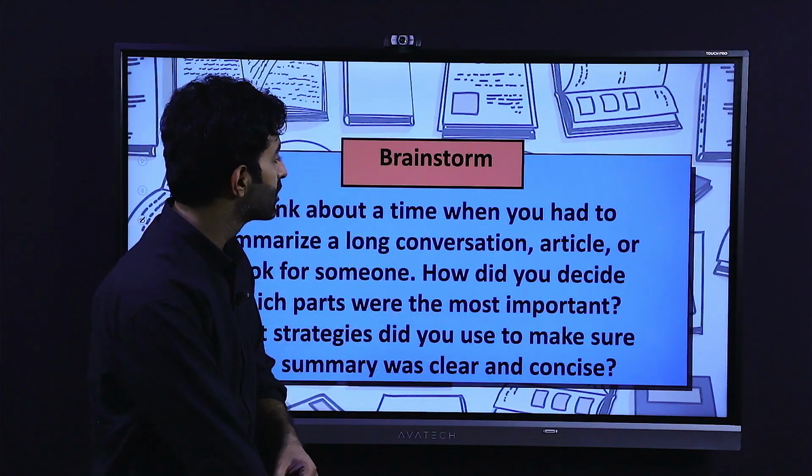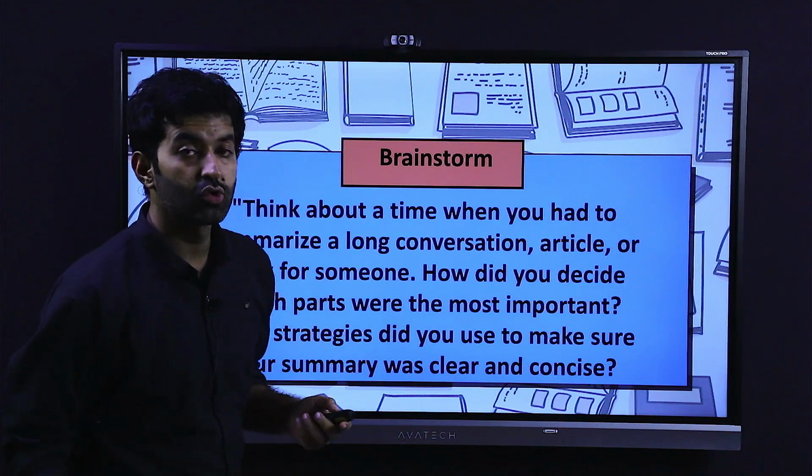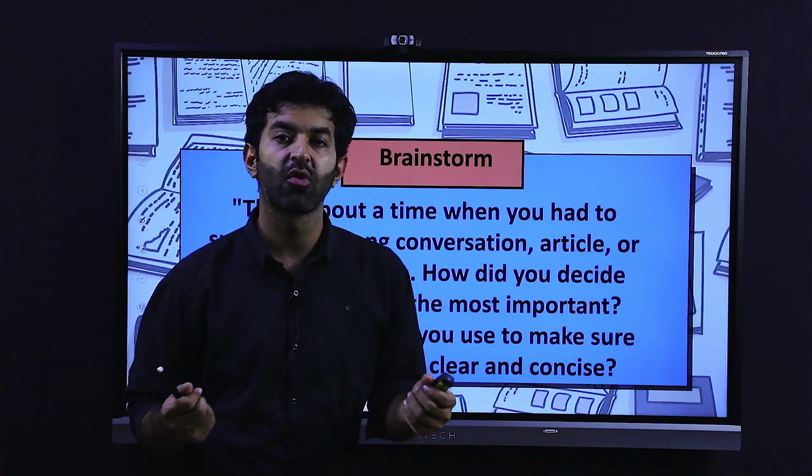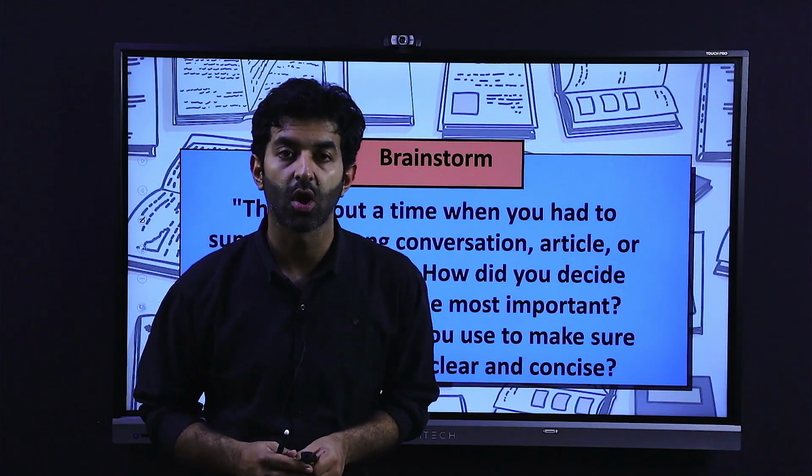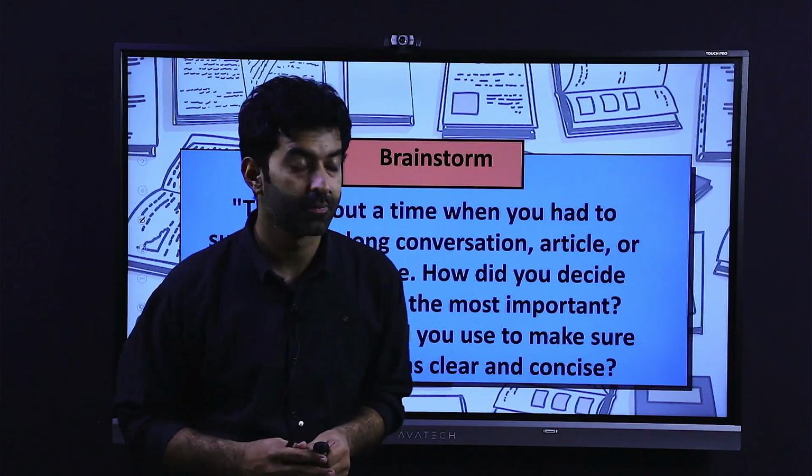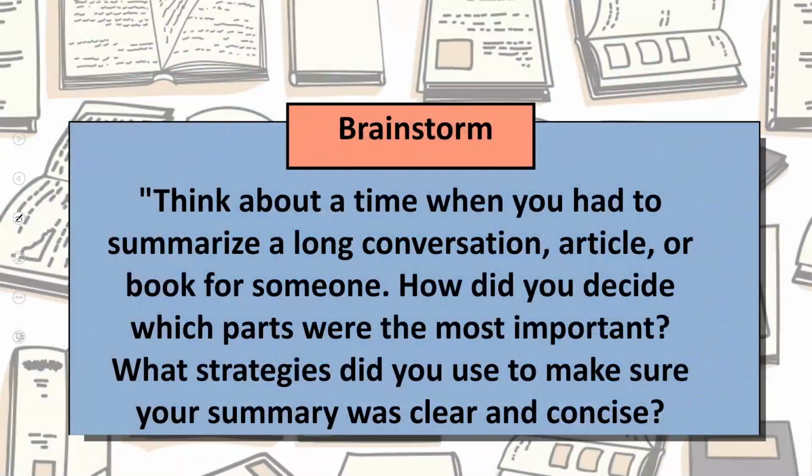Here, students, before we dive into the definitions of précis, why do we write them, consider this brainstorming prompt that you can see on the screen. Think about a time when you had to summarize a very long conversation, article, or book for someone. Now, when you summarize it, what are some strategies and techniques that you use to shorten the conversation, the article, or any kind of book?